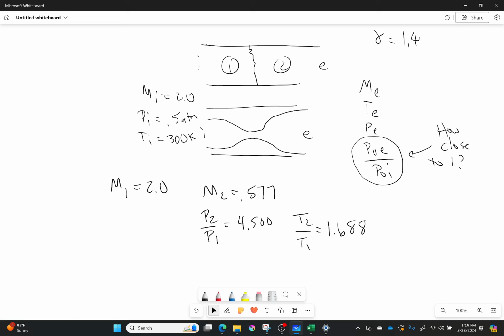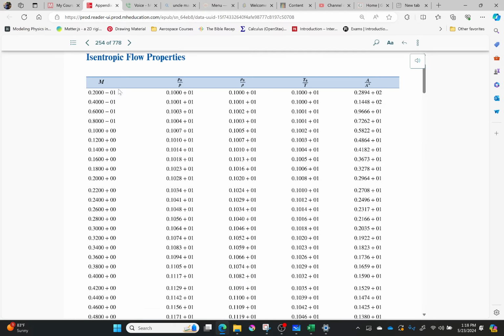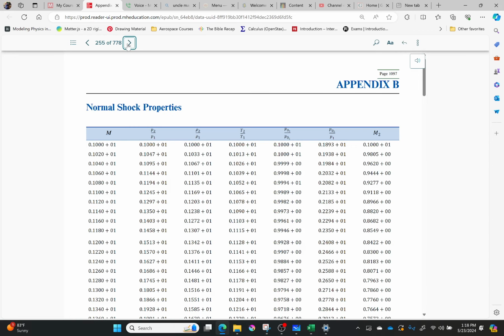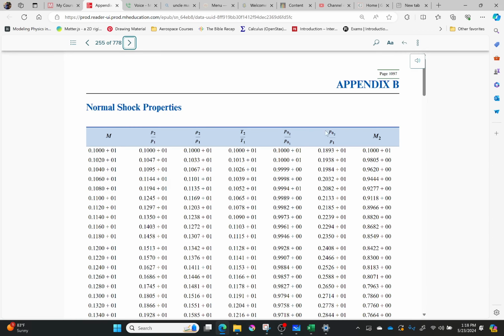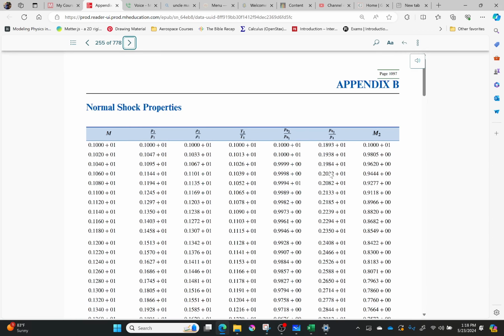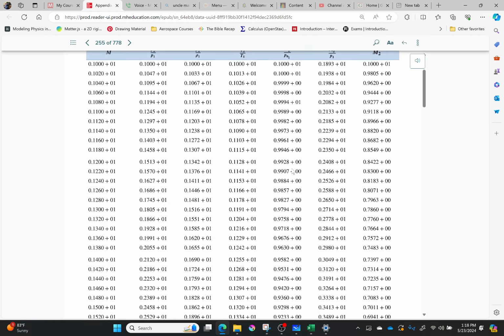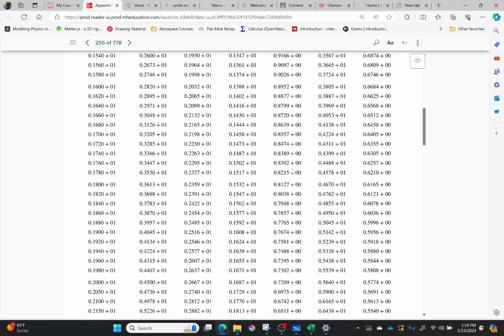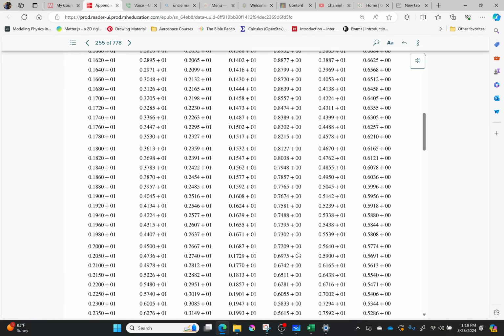Because I don't want to have to go to Appendix A as well, I'm going to go back to my table, because I don't have this in my notes, and figure out what P02 over P1 is, because that's going to save me some time. I want this value so I don't have to find P01 to begin with. For a Mach number of 2, P02 over P1 is 5.64.